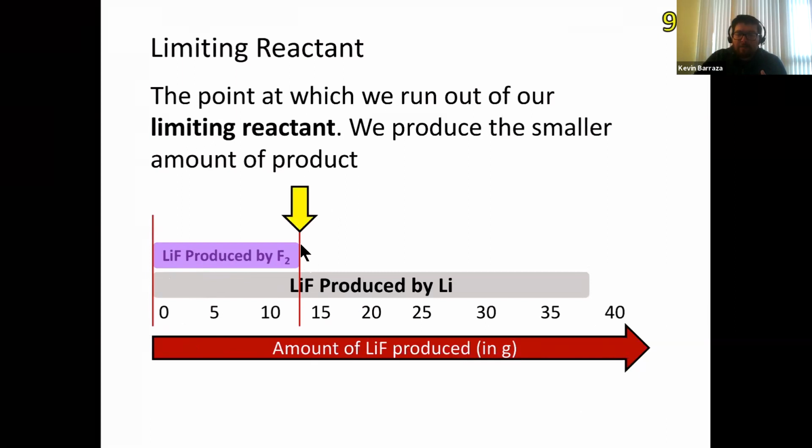But once I get here, I've reached the end of how much my F2 makes. So it's for this reason that we say the limiting reactant basically stops the reaction from continuing. And this is why we always pick the smaller number as our answer. So visually, this is why we do it.